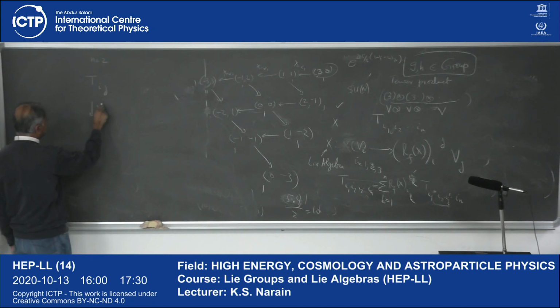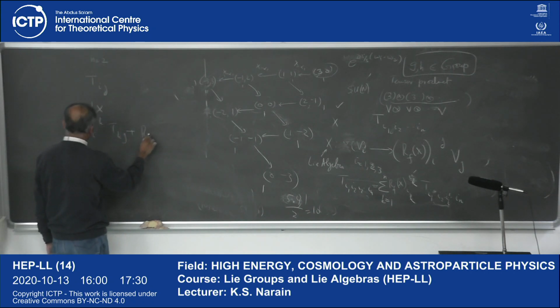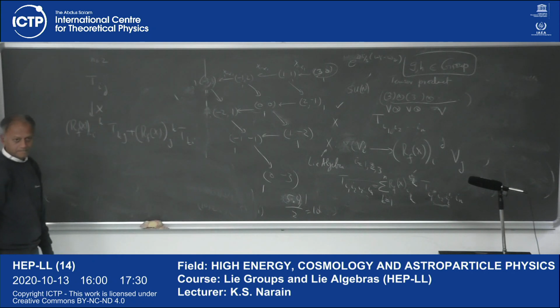Under the action of X, I get two terms: R_f(X) I_k T_kj plus R_f(X) J_k T_ki. That's how it will transform. So T_ij goes under the action of X to the sum of these two terms.